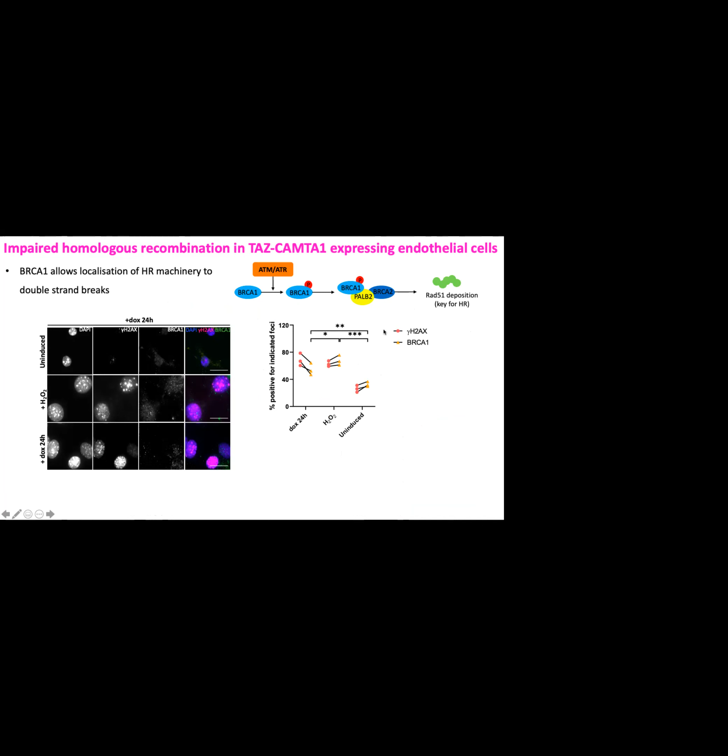And what we found was that in the TAS-CAMTA1 expressing cells, there was still BRCA1 foci formation, but it seemed to be reduced compared to the peroxide controls. And importantly, the dox treated and the peroxide controls had similar amounts of DNA damage to begin with, but there was significantly less BRCA1 in the TAS-CAMTA1 expressing population.